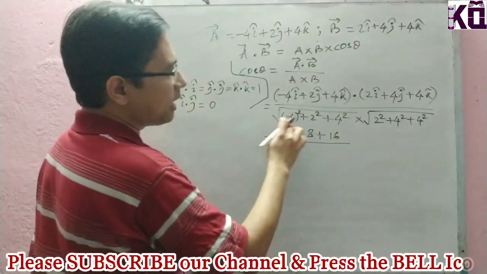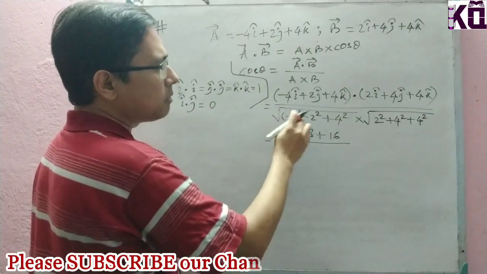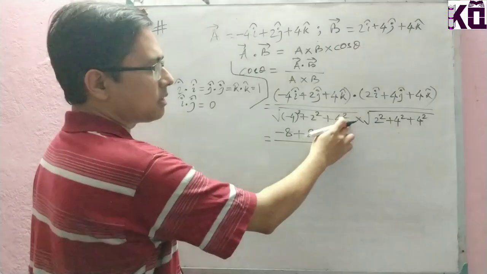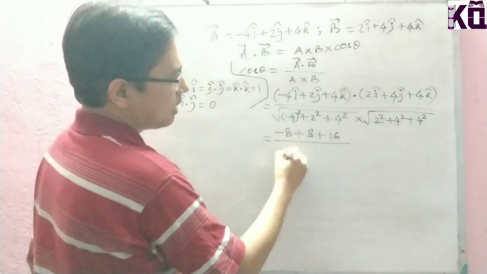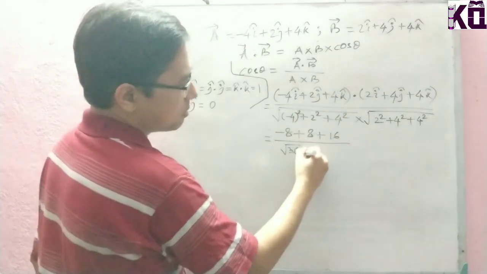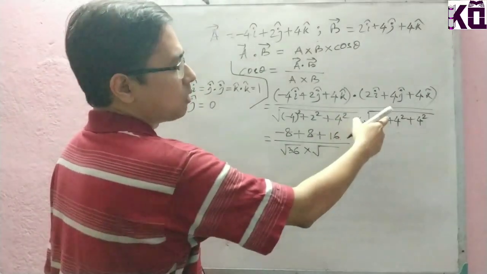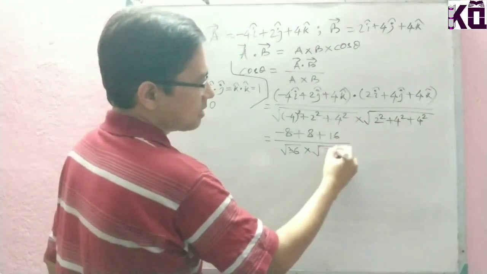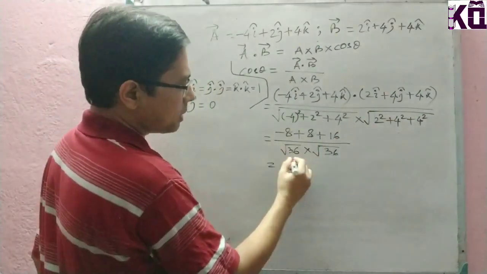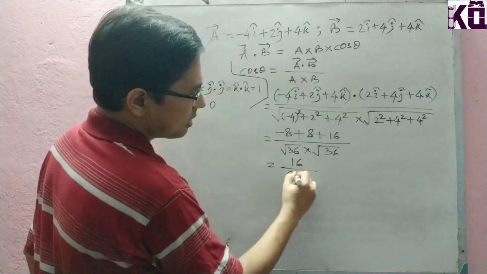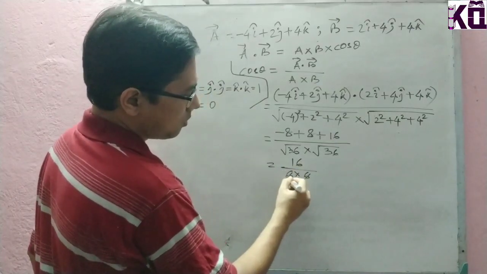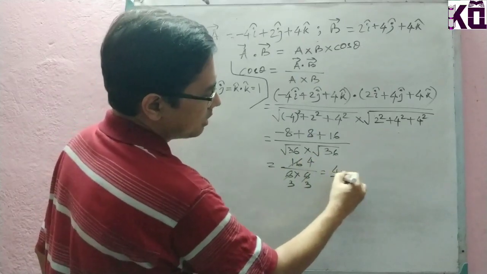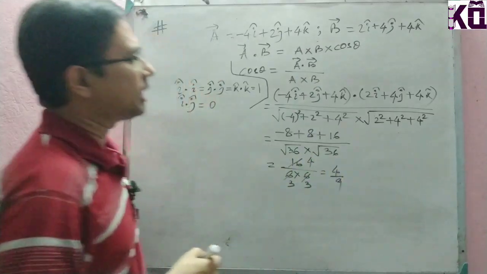So finally we are getting minus 8 plus 8 plus 16, that is 16, divided by root of 16 plus 4 plus 16, that is root of 36, multiplied by root of 4 plus 16 plus 16, so that is again 36. So finally we can say this becomes 16 divided by 6 into 6. So 4 by 9. So the final value is 4 by 9.